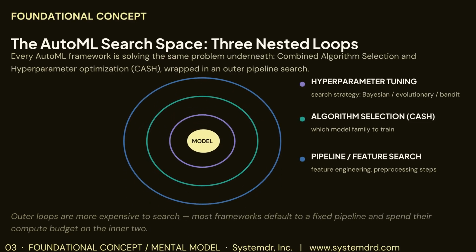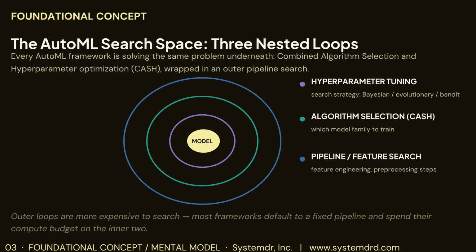Every AutoML framework, regardless of vendor, is solving the same underlying problem: combined algorithm selection and hyperparameter optimization, or CASH, wrapped inside an outer pipeline search. Picture 3 nested rings. At the center is the model itself. The innermost ring is hyperparameter tuning, the search strategy that decides, for a given algorithm, what settings to try.